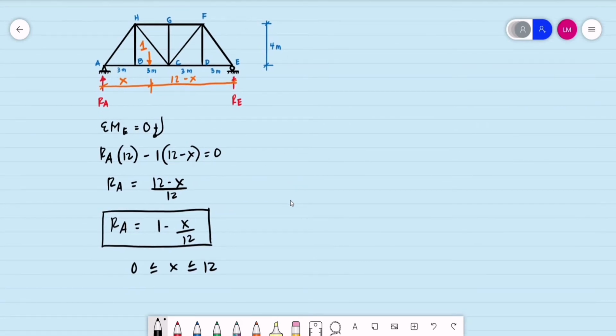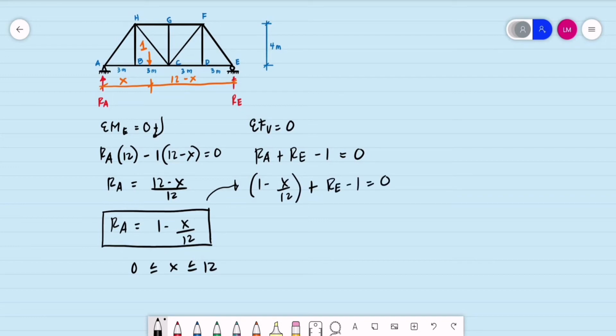Since we now have the value of R sub A, we can do a summation of vertical forces equal to 0. That will be R sub A plus R sub E minus 1 equal to 0. So we have 1 minus x over 12, plus R sub E minus 1 equal to 0.